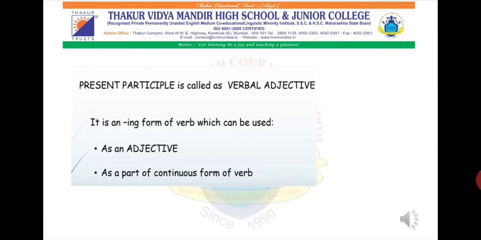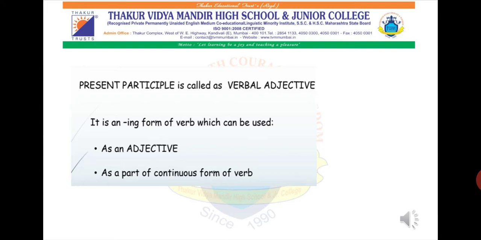Now, as I mentioned earlier, present participle or participle is called a verbal adjective. Over there we studied that gerund is called a verbal noun, but participle acts as a verbal adjective.